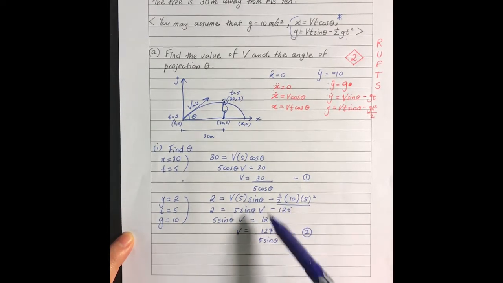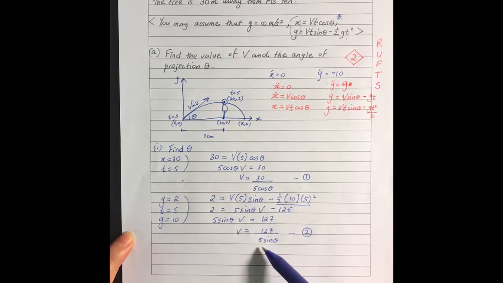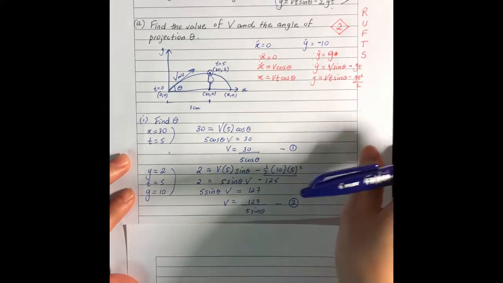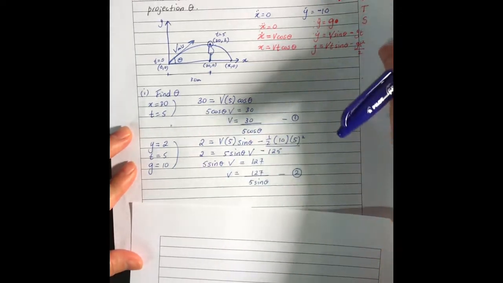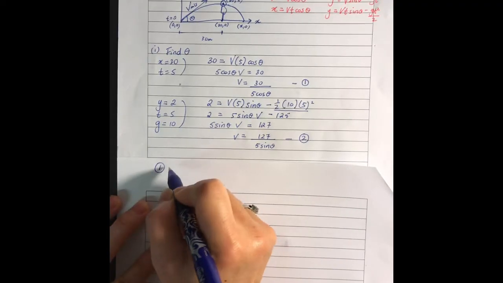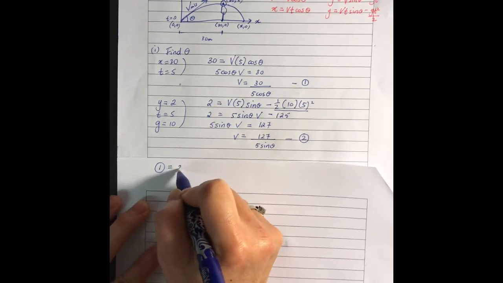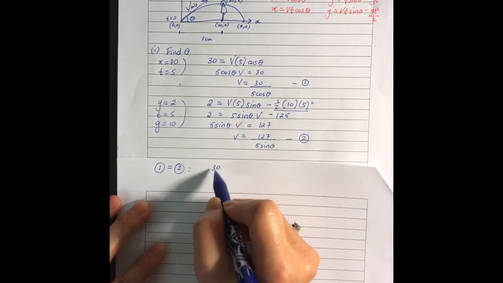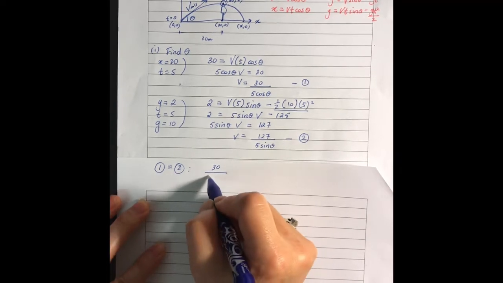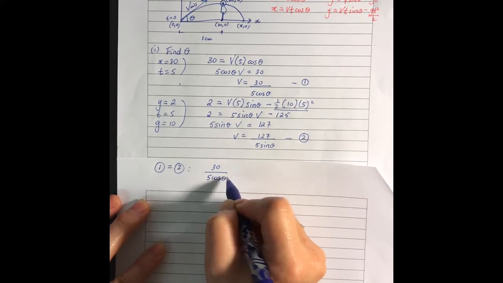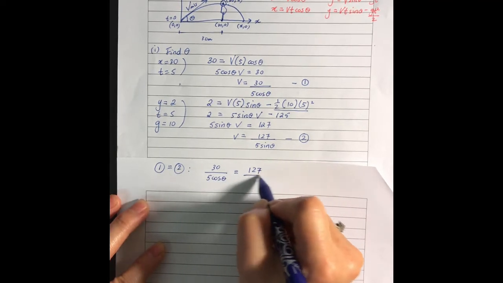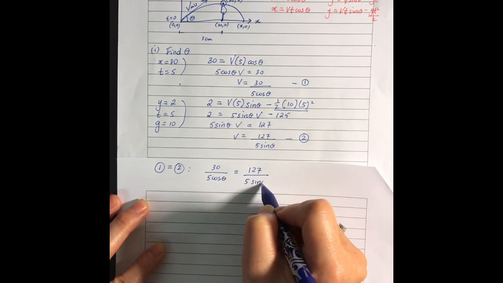So as you can see, 5 cos theta, 5 sine theta. If you were thinking that we're going to make it into tan theta, you're absolutely correct. First equation, equating it with the second one. So I'm just going to write 30 over 5 cos theta equals 127 over 5 sine theta.